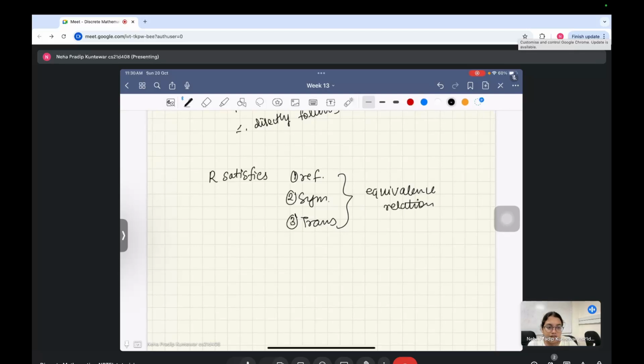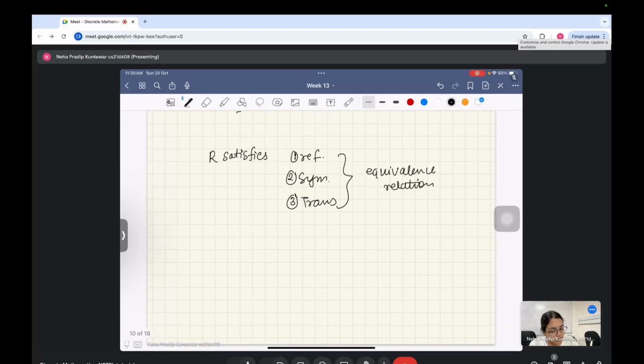And if a relation is an equivalence relation, it will partition the set of all elements into what are called equivalence classes. So if this is the set of all the elements that you have, and R acts on this set, then it will partition your set into equivalence classes like that.